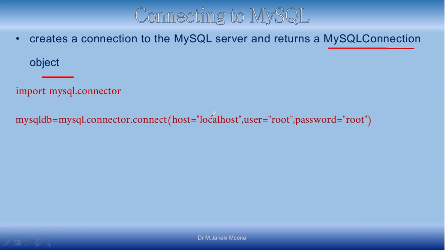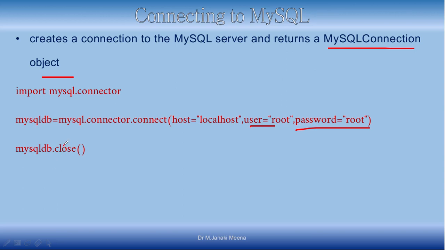If it is on the same machine in which you are working, then you give it as localhost, where the MySQL server is present. If it is a remote machine present somewhere else, or in the cloud, then you have to specify the connection string for connecting to it. That's what we give in host, and user will be the username by which we are going to connect, and password will be the corresponding password.